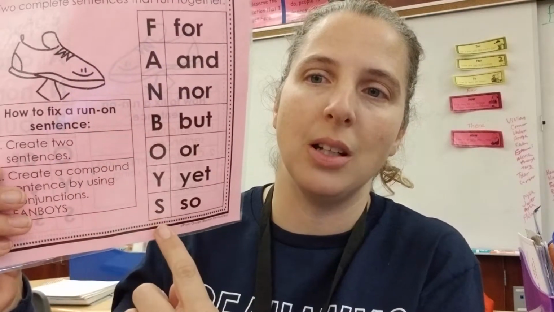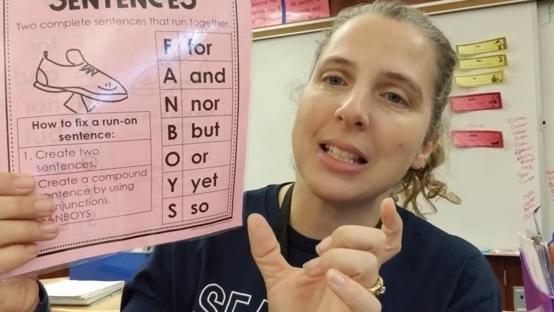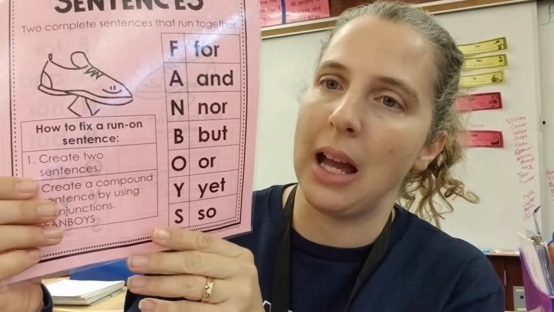And what we use is something called a fanboys. We use one of these words here and we connect the 2 sentences. Okay, so we would take something like, I went to the park, I saw my friends. I'll write it down for you. I went to the park, that's one complete sentence.